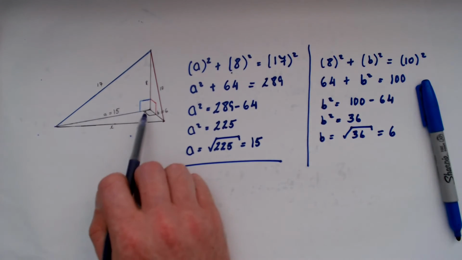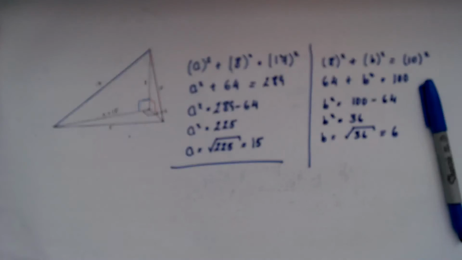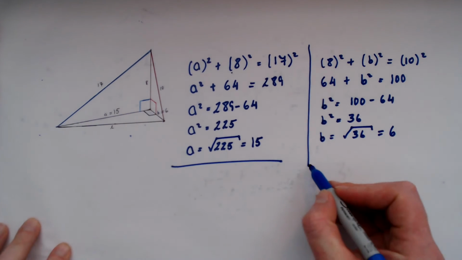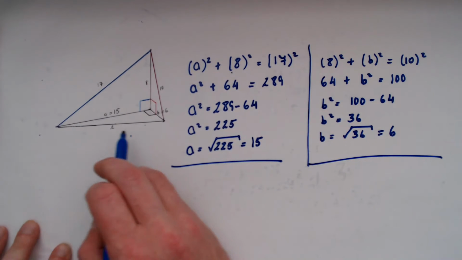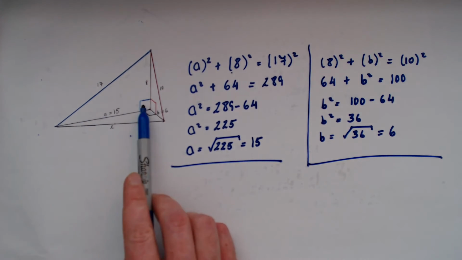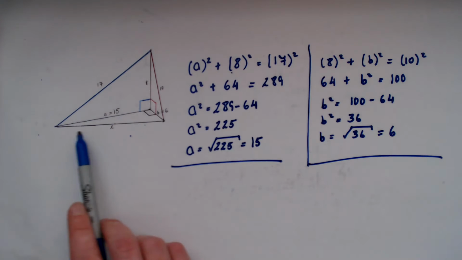So I have A is 15, B is 6. And now I have enough information that I can calculate this value here of x. The two legs of my triangle are 15 and 6, and I want the long side, that's x.